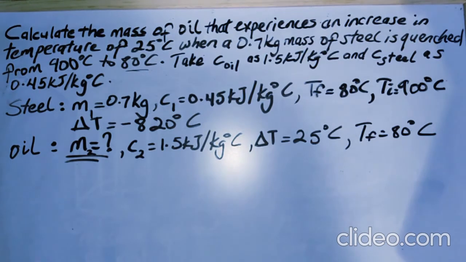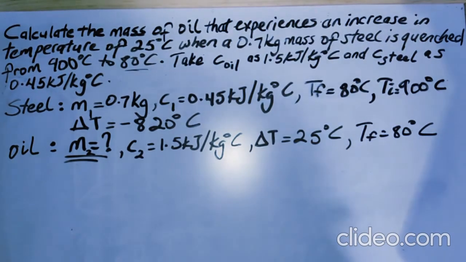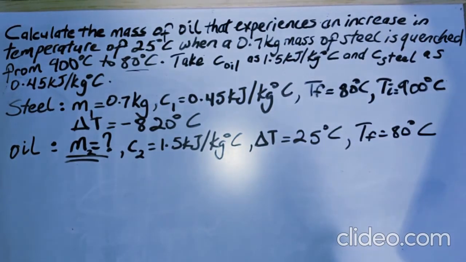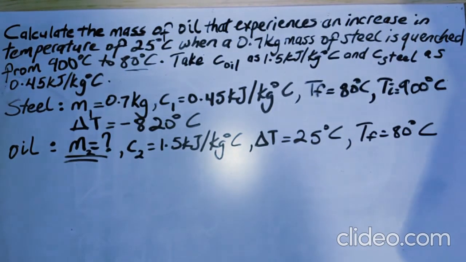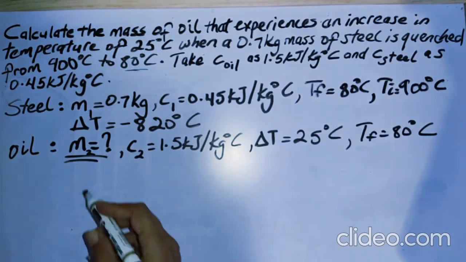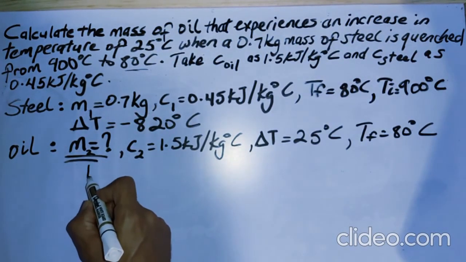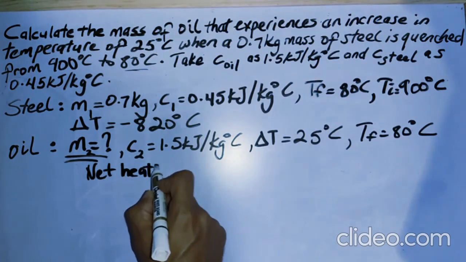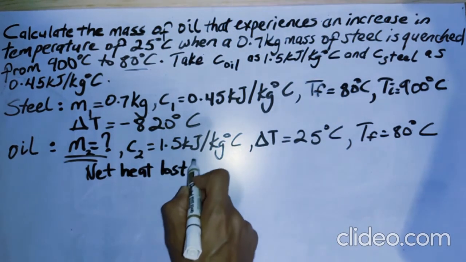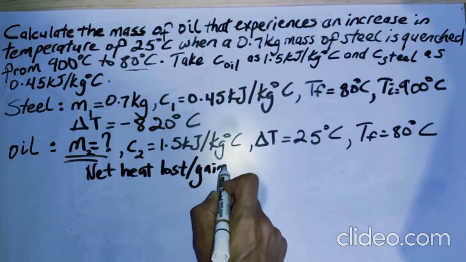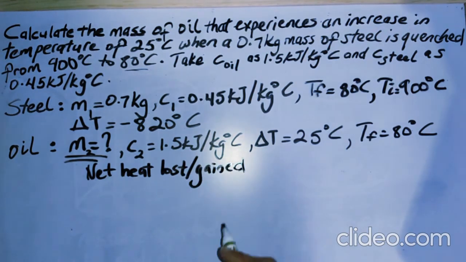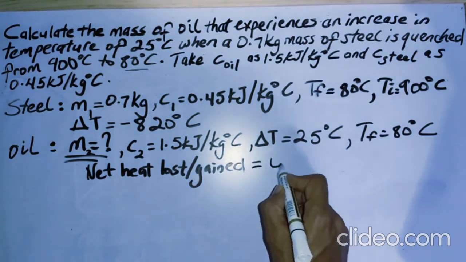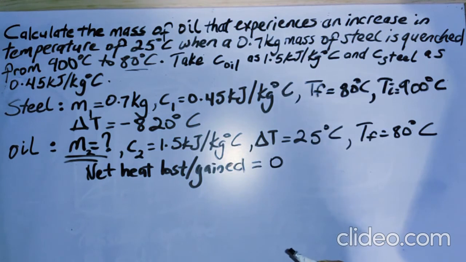Now that we have the information, we should come up with an equation that could allow us to calculate the M. We are going to start by saying that the net heat that is lost or gained during this heat transfer, because it's a closed system, has to be zero. We assume no losses.